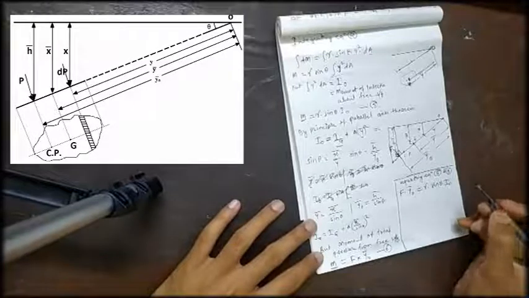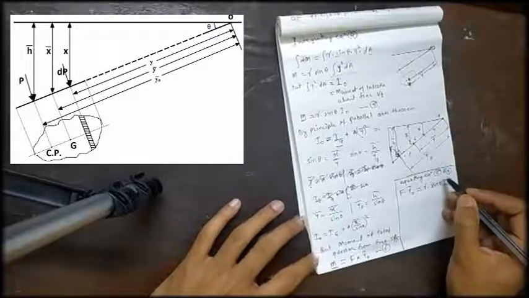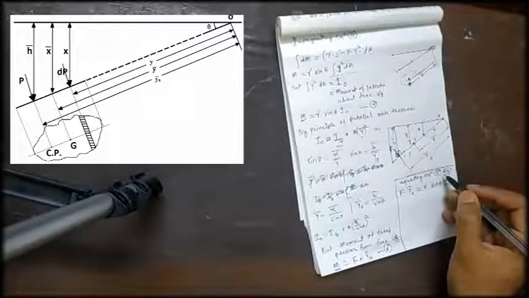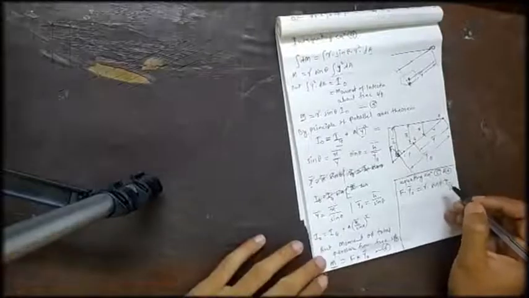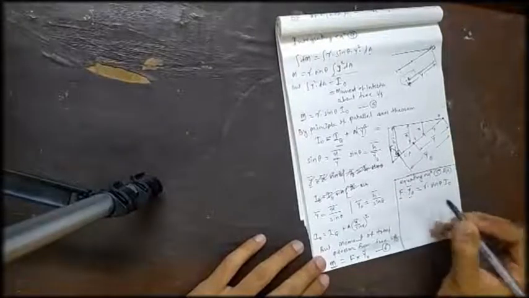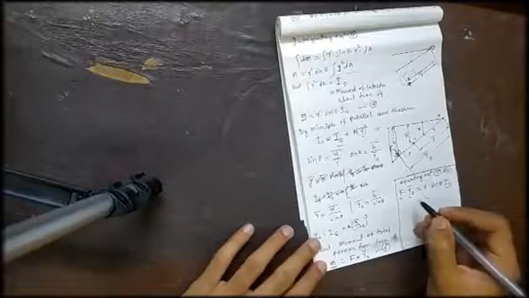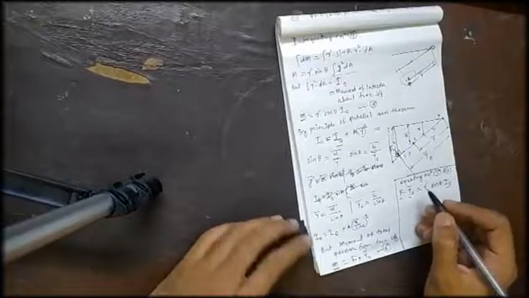So this is our equation after equating these two equations. Now we will put this value of x bar, then the value of y bar and the value of IO in this equation. So what is our F?